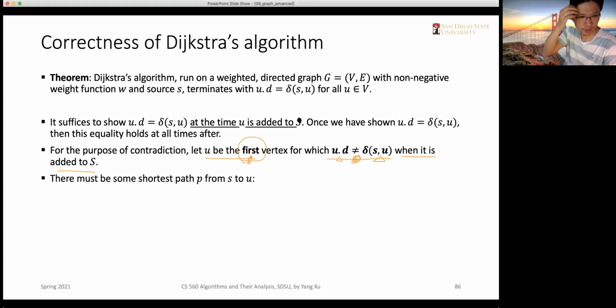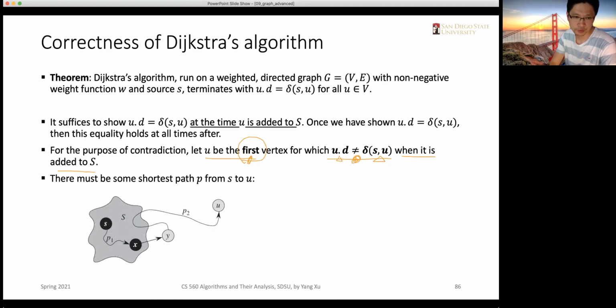Then there must be some shortest path from s to u. Let's say S looks like this. S is a subset of all the vertices in a graph, right? And we assume there must be some shortest path from s to u, which is a shortest path that we indicate by P.